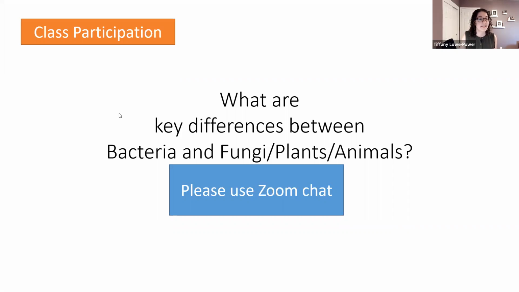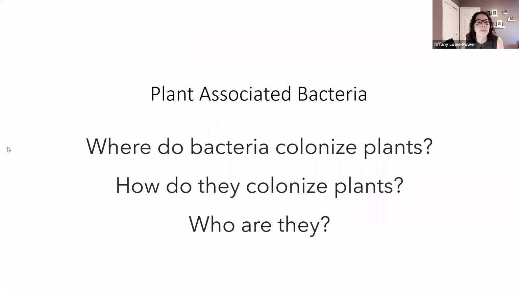Yes, I like this one, different ribosomal structure. We'll get to that in the lab lecture today. But the unique ribosomal structure of bacteria allows us to specifically study bacteria when we do DNA sequencing in environments.